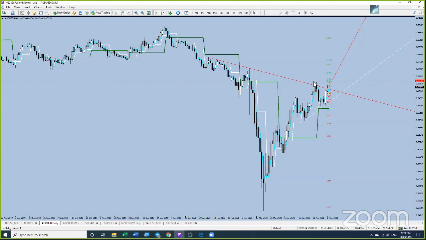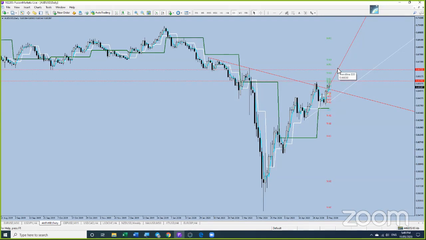But the main thing that gets me about the Aussie at the moment is not that I don't want to go long. I do want to go long because I've got a target area up here, right? And I pointed that out many times before. 6675, I think it is from memory. And I really think that will be hit at some stage.